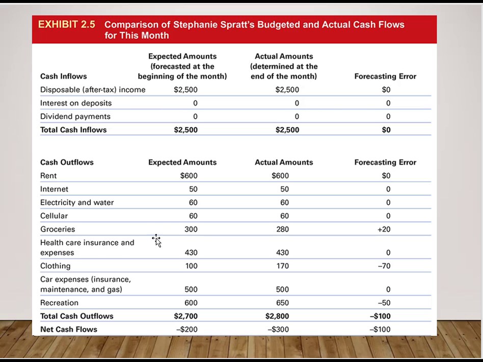Now down here, I thought I'd spend $300, but I only spent $280. So that means I made an error. I made a mistake. Well, why did I make a mistake? Is this number overestimated? Or did something just happen this month and I just didn't spend as much money? What about clothing? Well, it turns out that my best pair of sneakers blew a hole. So I had to spend an extra $70 on sneakers.